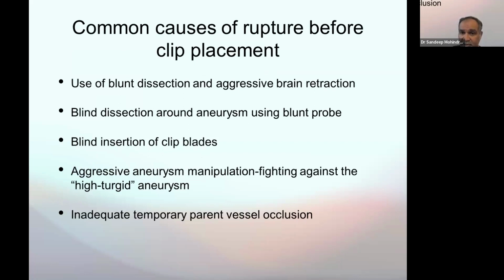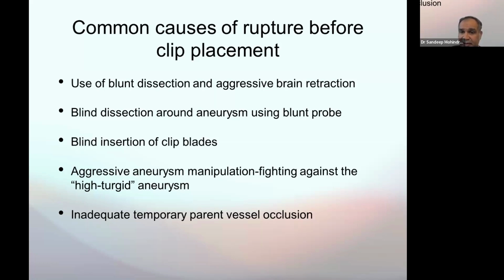Blind dissection around the aneurysm using a blunt probe. Sometimes people just try to probe around the aneurysm with a blunt instrument. Blind insertion of clip blades. Younger surgeons usually tend to enthusiastically put the aneurysm clips too early, leading to clip blades penetrating through the neck of the aneurysm and creating a catastrophe.